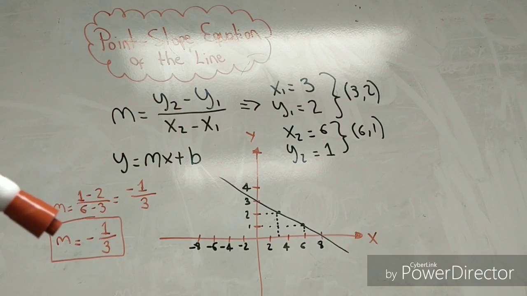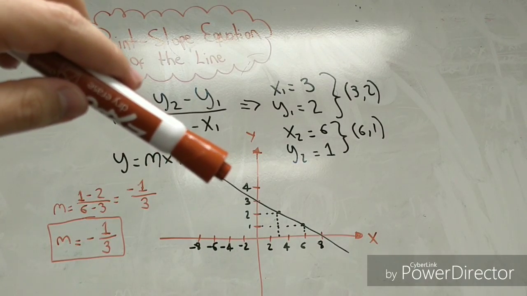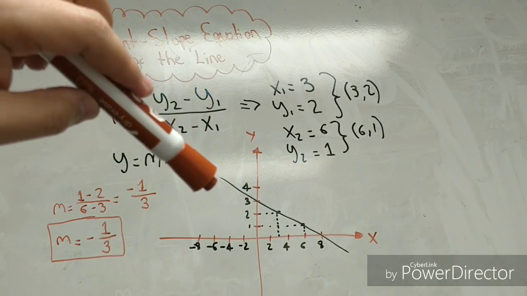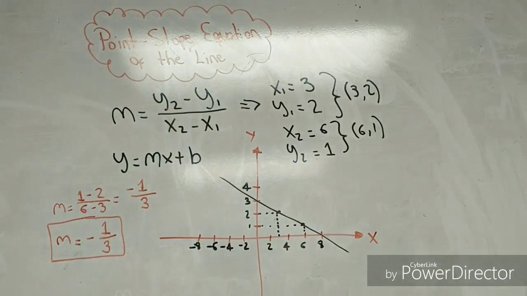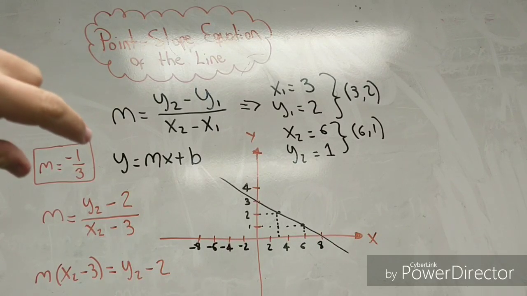But this is not the case. The slope is negative, so it makes sense, and that's why we have this shape of the line. Okay, so we're gonna write the value of the slope on another side of the board.